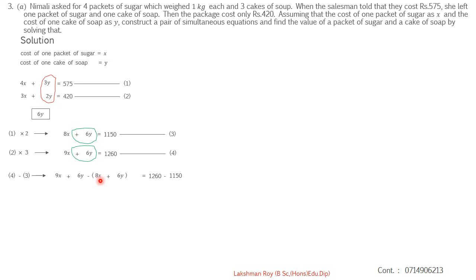Now the next step, here I used a bracket, right? So that means you have to multiply these two terms 8x and 6y by this negative sign, right? So here 9x and 6y, so you can write that, 9x plus 6y, right? Then you have to multiply by the negative sign. What is the sign of this 8x? No sign means that it is positive, right? So negative should multiply by this positive sign.